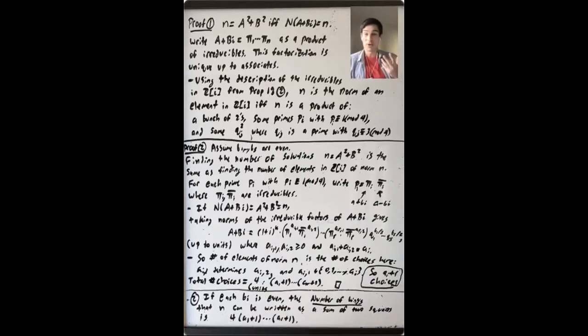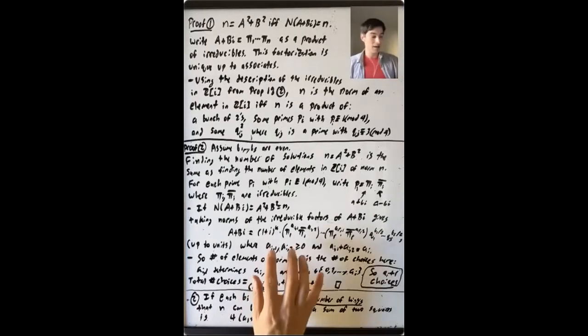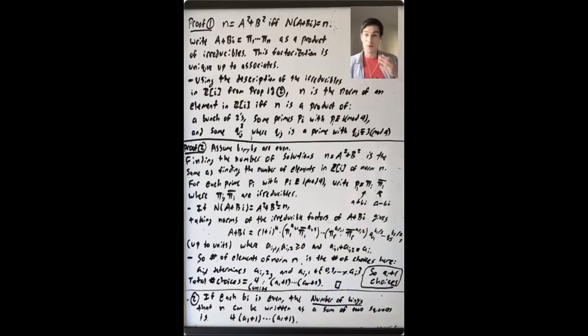And we need to know what their norms are, because we know that the product of the norms of all the irreducibles has to be n. So that is the big idea that shows us that the only real choices we have are when we have a prime that's congruent to 1 mod 4 that divides n, we can choose between the 2 distinct irreducibles that have norm equal to that prime.